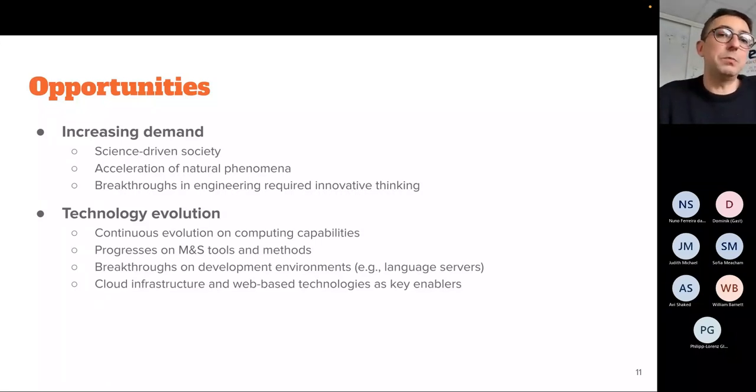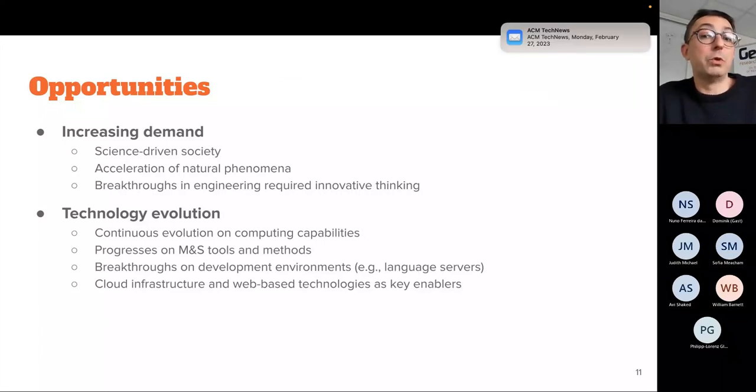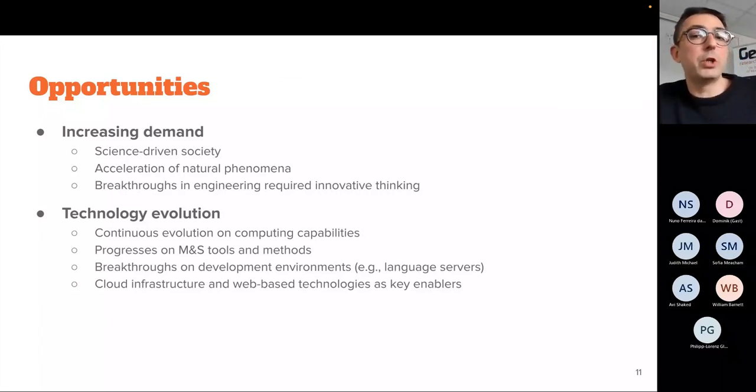And in parallel to this, there is also an evolution of the technology, which also acknowledges the fact that we can support scientific computing in a better way from the MDE community. There is a continuous evolution of computing capabilities. There is progress on the modeling and simulation tools and methods. There is some breakthrough on the development environment.